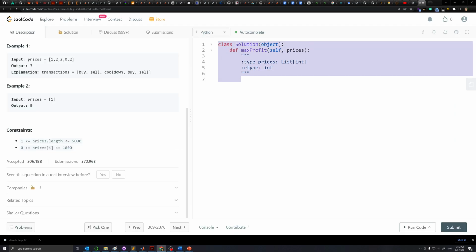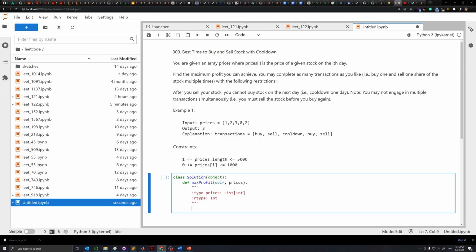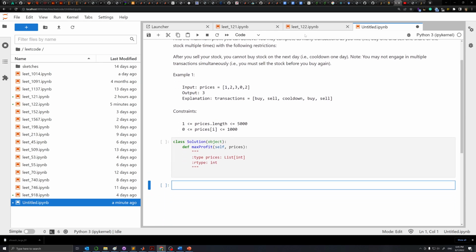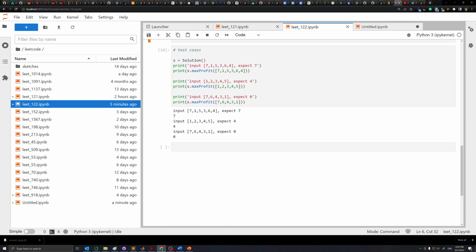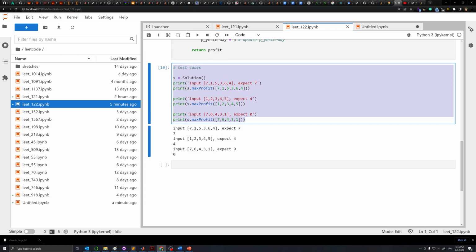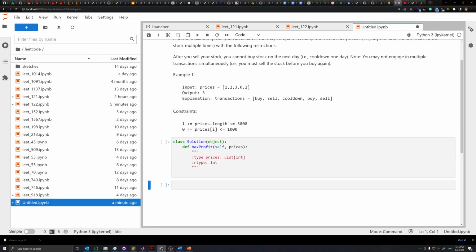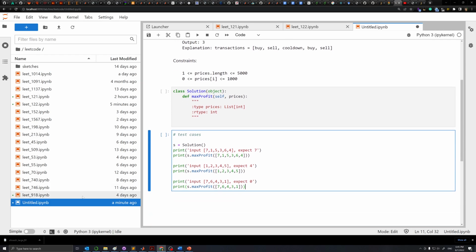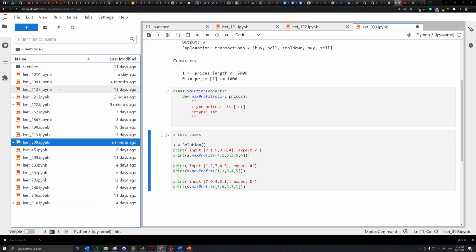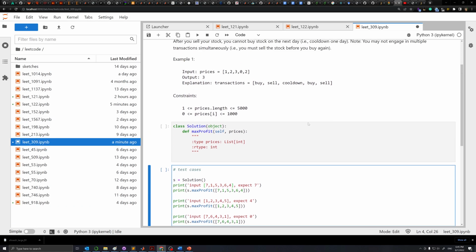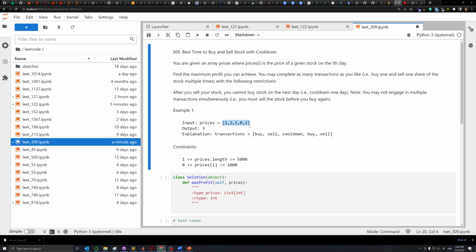We're going to copy also the solution template, and we also want some kind of test case. So we're going to copy from a previous test case. Let's just rename this Python notebook Leetcode 309, right? And then what is our test case is 1, 2, 3, 0, 2.